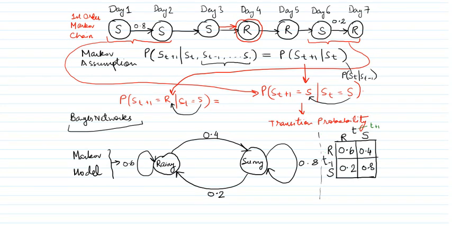And so this table is called the transition probability table of HMM. So this is the transition probability table.